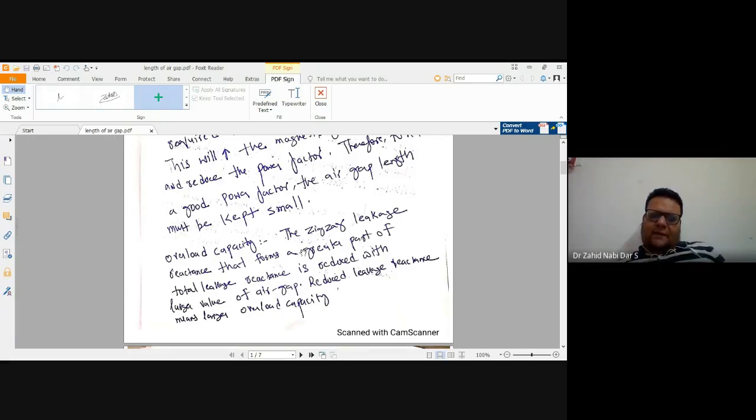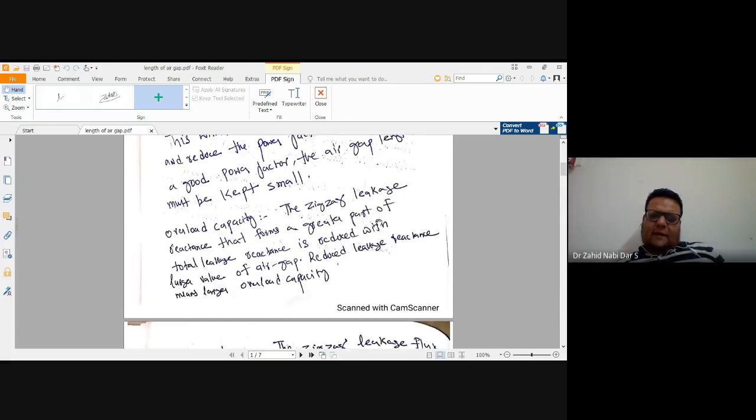So overload capacity depends upon the zigzag leakage reactance. The zigzag leakage reactance forms a greater part of the total leakage reactance. So once we keep the air gap large, this reduces the leakage reactance.